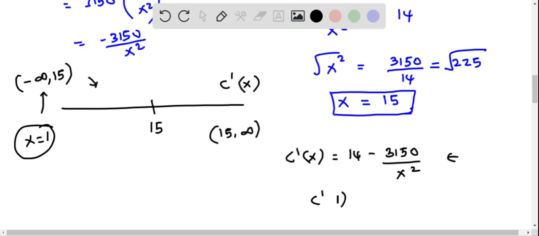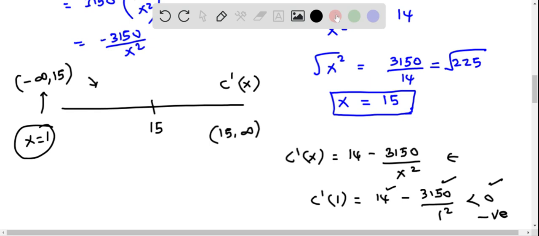So C prime of 1 equals 14 minus 3150 over 1 squared. And this is going to be negative because 14 is less when compared to 3150. And when we do the subtraction, we are going to get a negative number. So basically, we need to understand only the sign, whether it is greater than 0 or less than 0. So here it is negative.